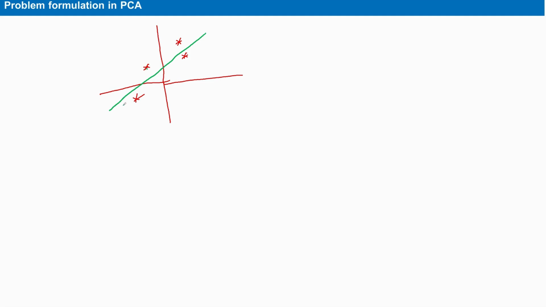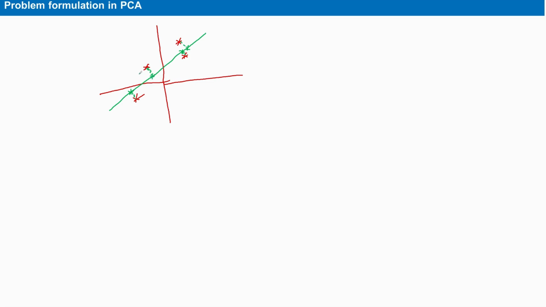First it will find this line, and project the actual data points onto that line. Like this, this data point gets projected here, this data point gets projected here, and this data point gets projected here in the same way. PCA tries to find this plane or line in such a way that the squared error distance between the actual data point and the projected data point is minimum.